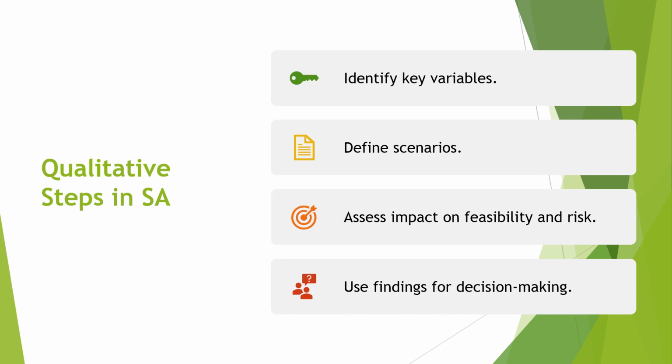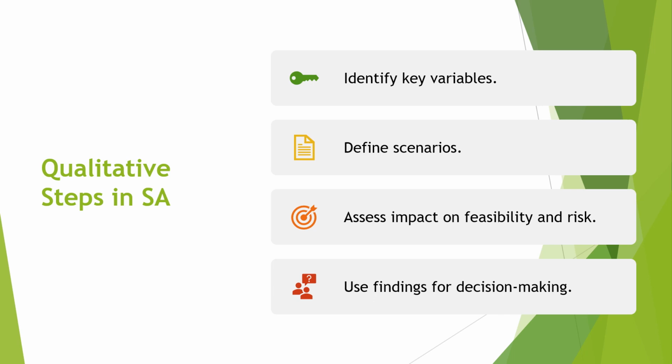Next, we'll talk about qualitative steps. When conducting sensitivity analysis, we start by identifying key variables such as revenue, cost, and discount rate. We then consider potential scenarios like best case, worst case, and base case to assess their impact on project outcomes.